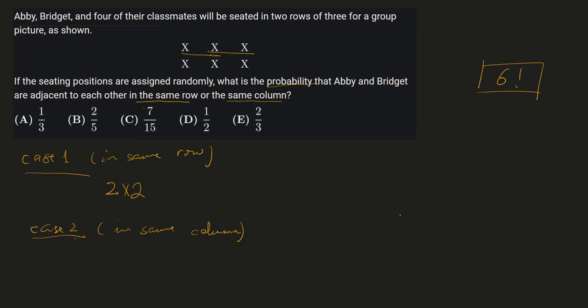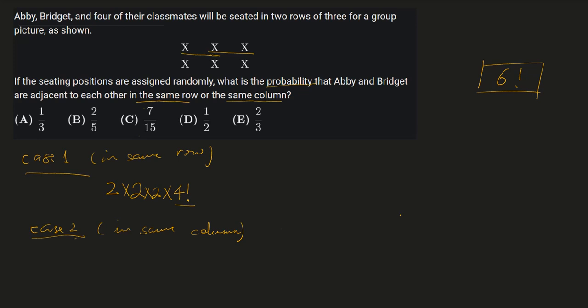One can be on the right or on the left. Therefore, we need to multiply by 2 again. Are we done with this case? Certainly not, because we still need to permute the other 4 students to seat them in the remaining 4 seats. Therefore, we have 4 factorial. So that will be our case 1.